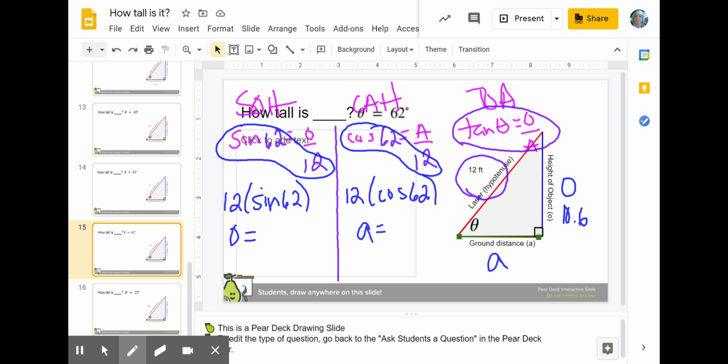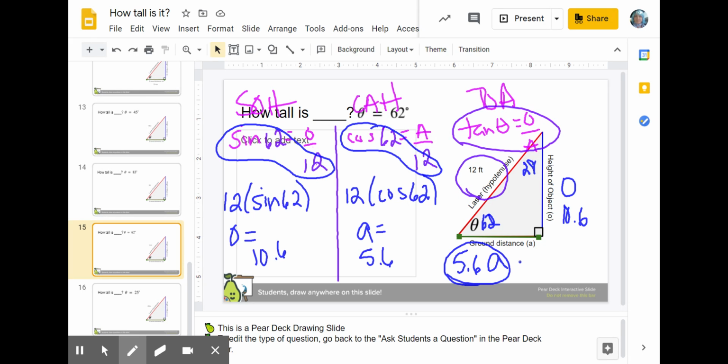And what about the A? Anybody got that? Can somebody confirm 5.6? Is that correct? And that makes sense because this was 62 degrees, which means this would be 28 degrees.